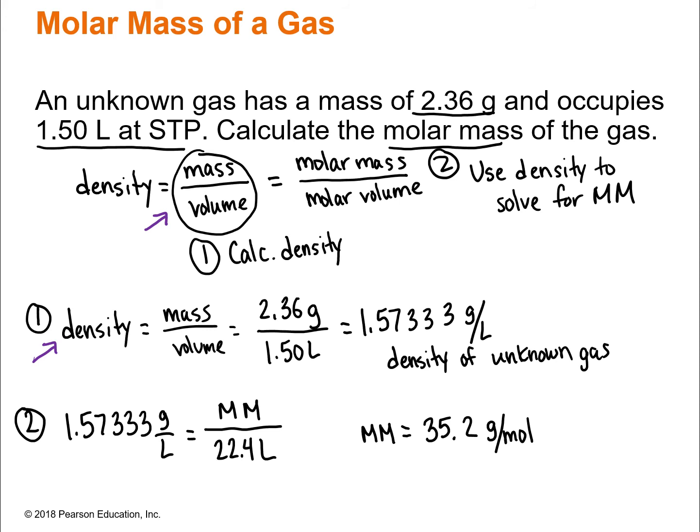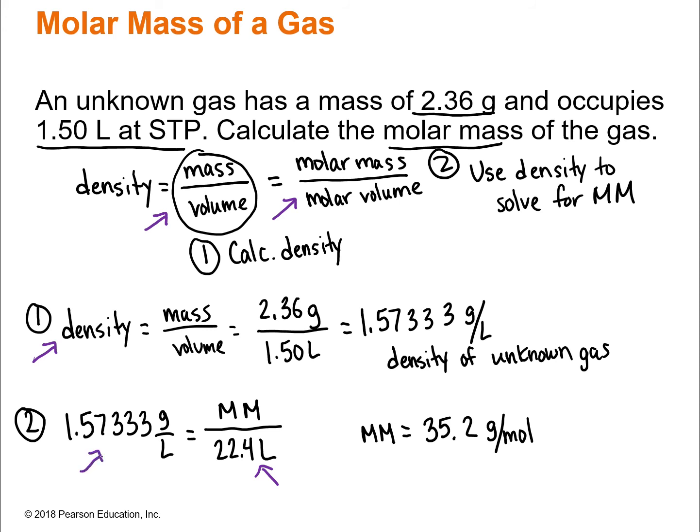But that's not the question. The question is, what's the molar mass of the gas? We have another definition of density that we can use specifically for gases: the molar mass of the gas divided by the molar volume. And we're assuming that we have 1 mole of gas here. 1 mole of gas will always take up 22.4 liters, so that is our molar volume.